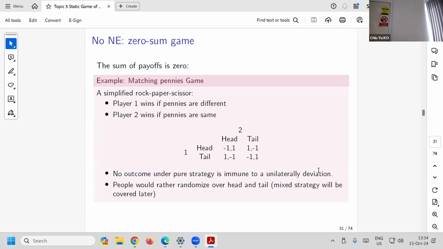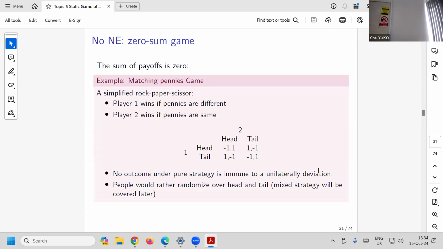So is there any prediction from this? The answer is, as in rock paper scissors, you would expect both players would not play what we call a pure strategy, which we'll define later. It's called a mixed strategy. It's not going to choose a particular one. Rather, they would randomize, toss a coin to choose either head or tail.